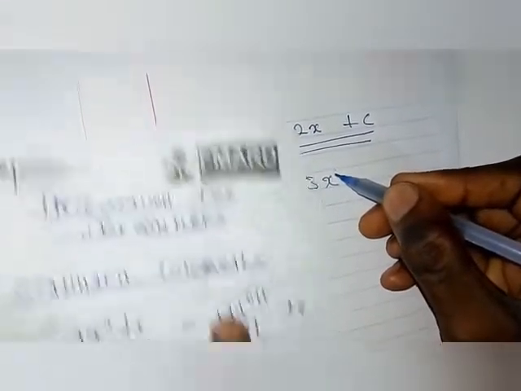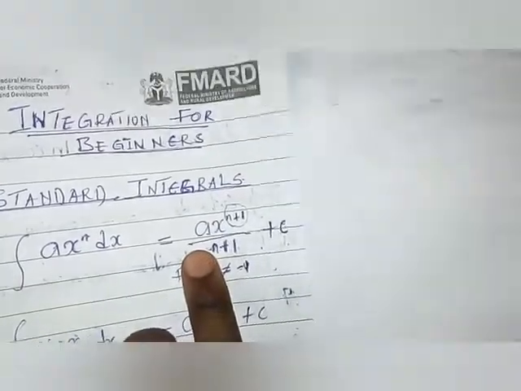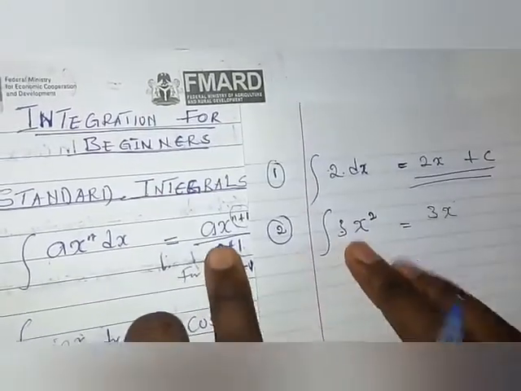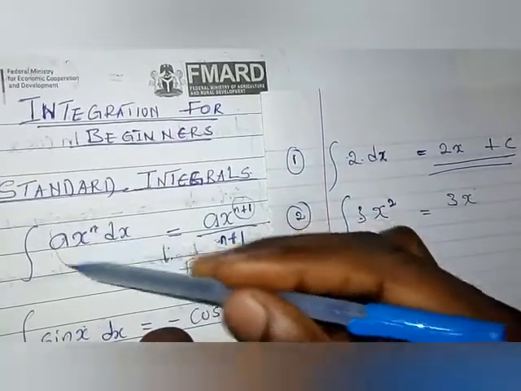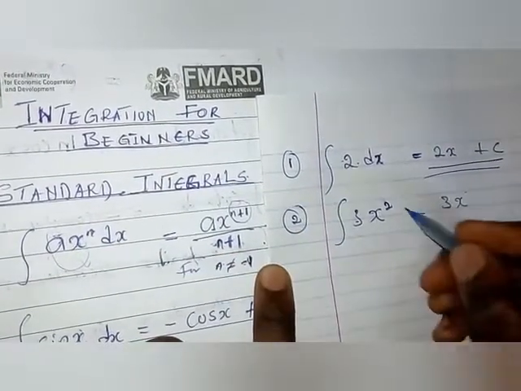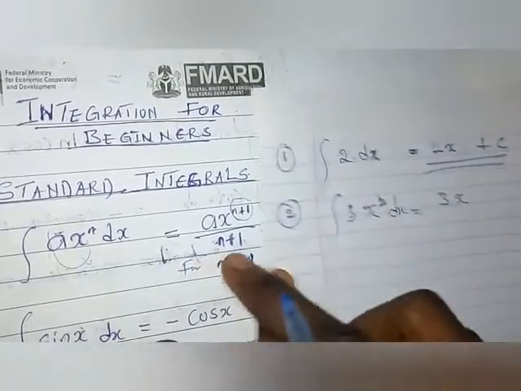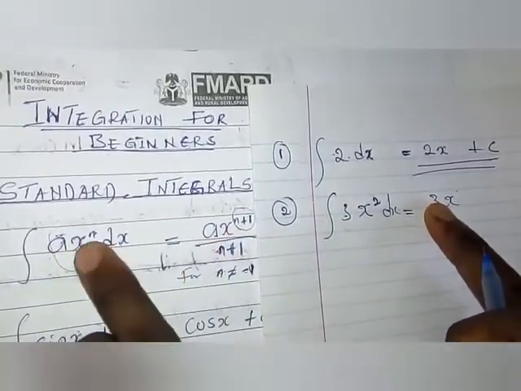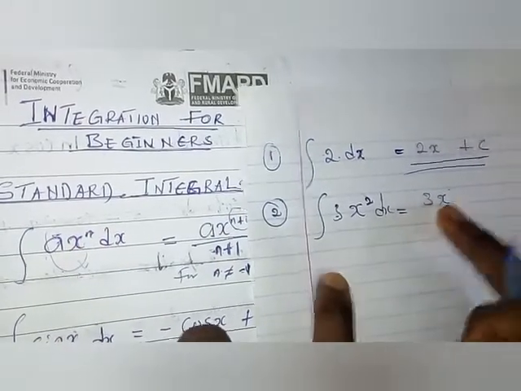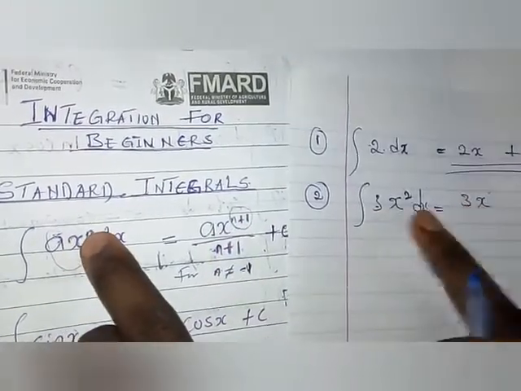According to this formula, your a is 3 here, then bring your x, which is x raised to the power of n, bring it here, then put the power here.